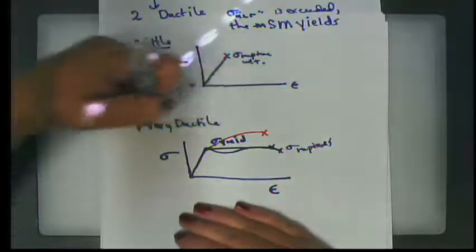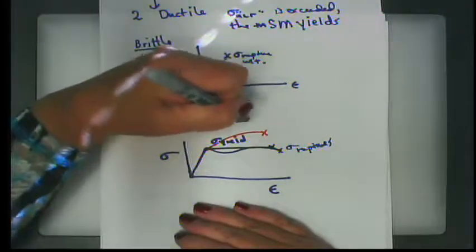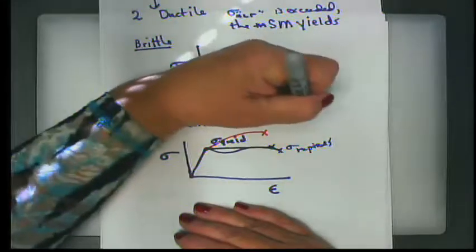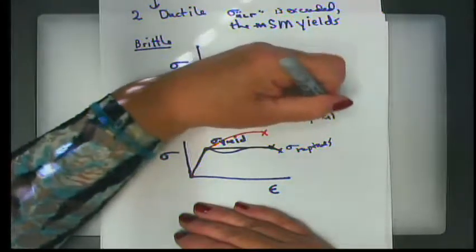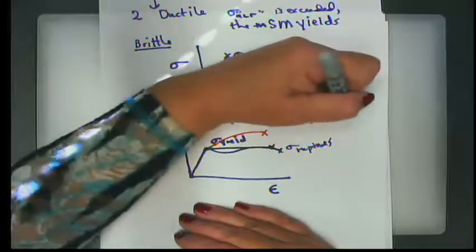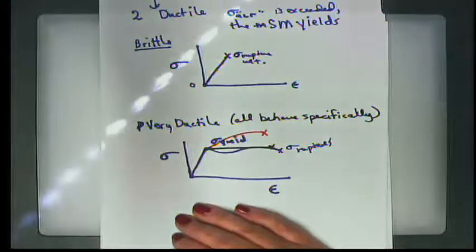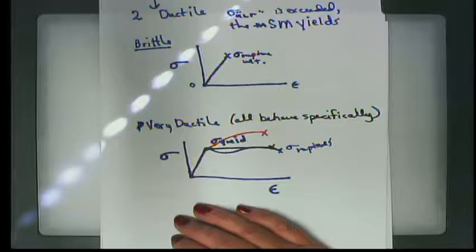So ductile materials all behave in a specific way. Each material is a little different. So what would be considered a brittle state? A brittle material is like concrete. If you pull on it, it just breaks.